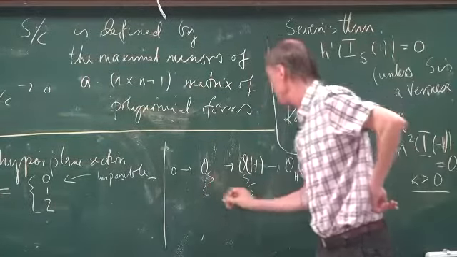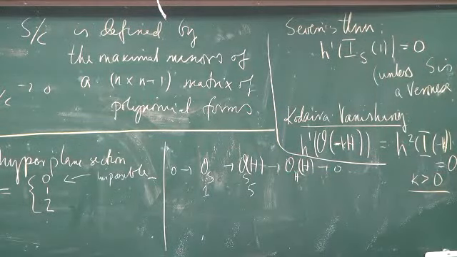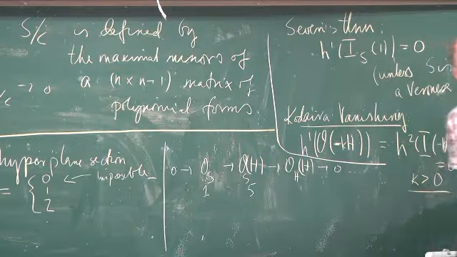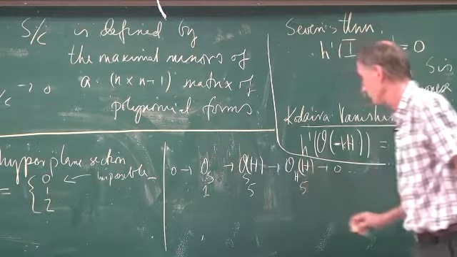I certainly have a section there, and a degree 5 divisor on the elliptic curve has 5 sections by Riemann-Roch. An elliptic normal curve of degree 5 lives in P4, so I have 5 sections also there.